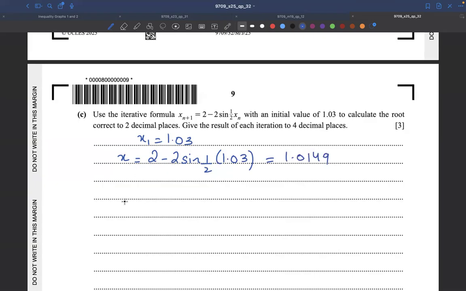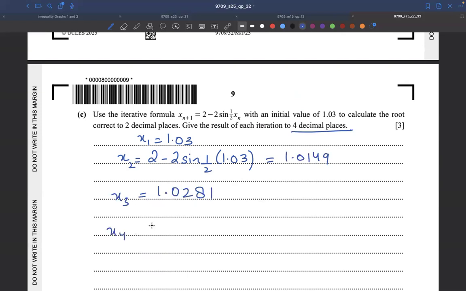And now we'll substitute this back again into the equation, and we have to give all of our iterations to 4 decimal places. So substituting this back into the equation, we'll get 1.0281.